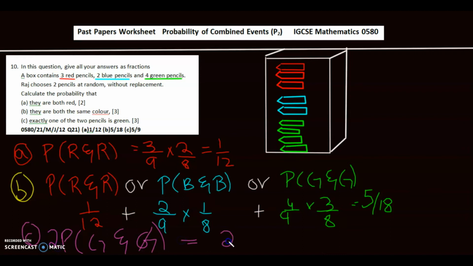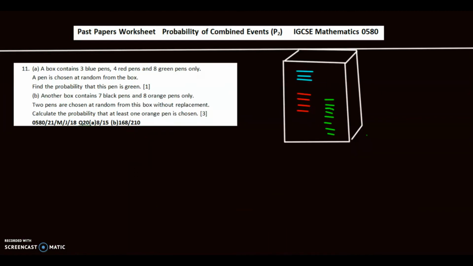So now 2 times probability of getting a green pencil is 4 upon 9 times, now that green pencil goes outside. So in total we have 8 pencils now. So one of the green pencils is outside, and then the other one should be not green. So how many not green pencils do we have? 3, 4, 5. So times 5. Find this product. Next question.